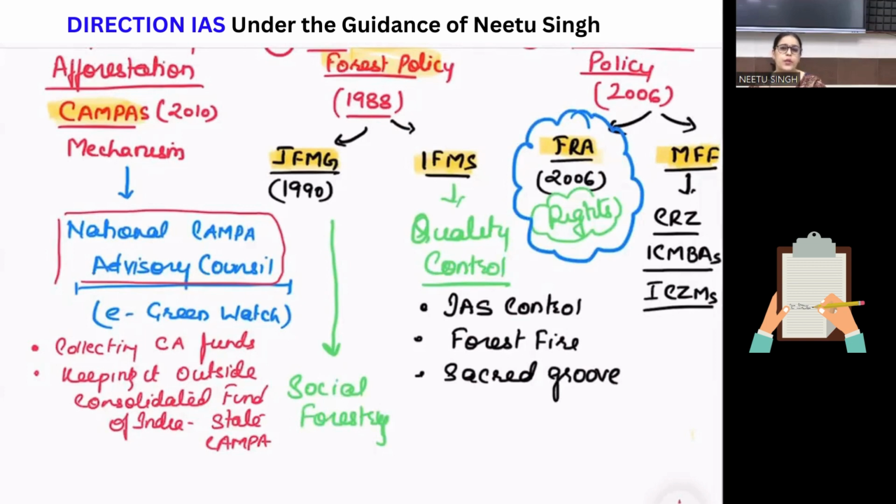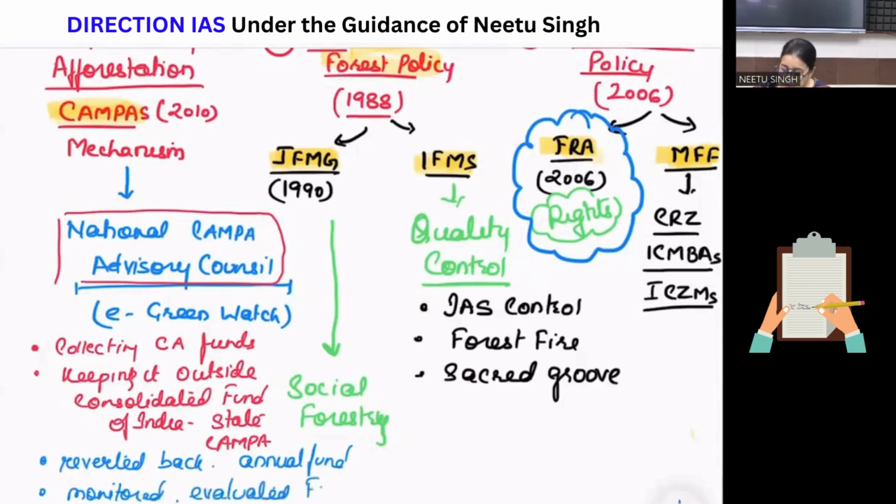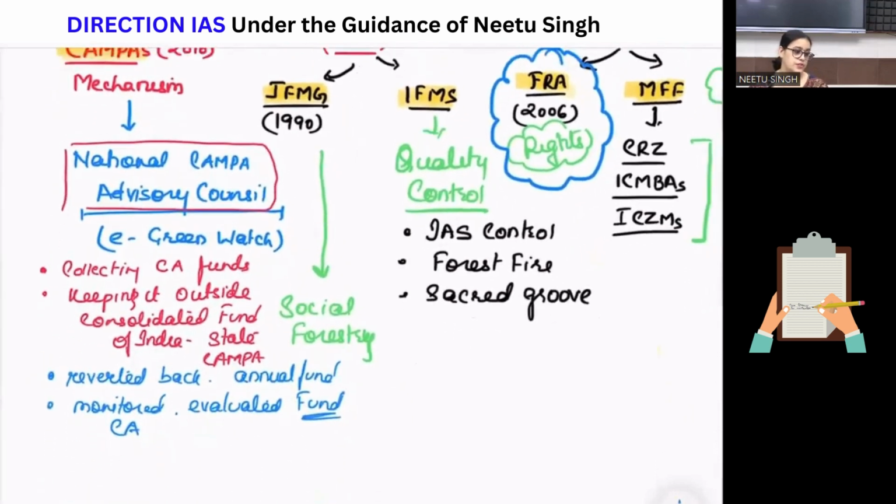That money will be kept in control of the National CAMPA Advisory Council in the name of the state government of Odisha, outside the Consolidated Fund of India. Role number 3, it will be reverted back to the concerned state government as annual fund. Responsibility number 4, it has to be monitored and evaluated that the fund is only and only utilized for compensatory afforestation.